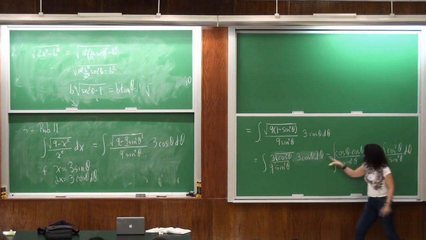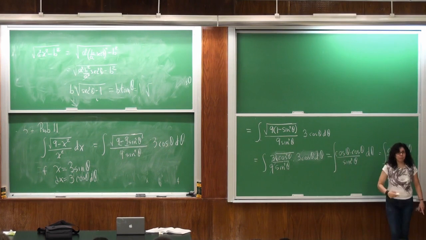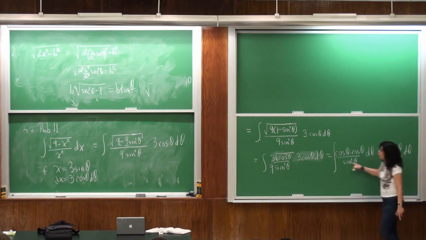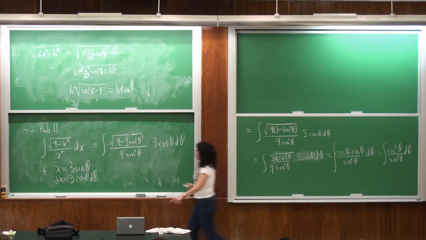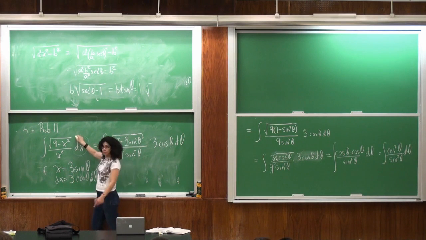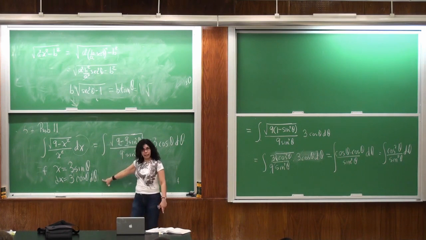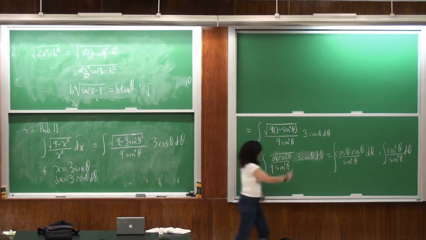So the right side becomes cosine of theta. Yes? Why did you multiply by cosine after? Because I have to multiply by dx. And dx happens to be 3 cosine of theta d theta. That's why I multiply by this.